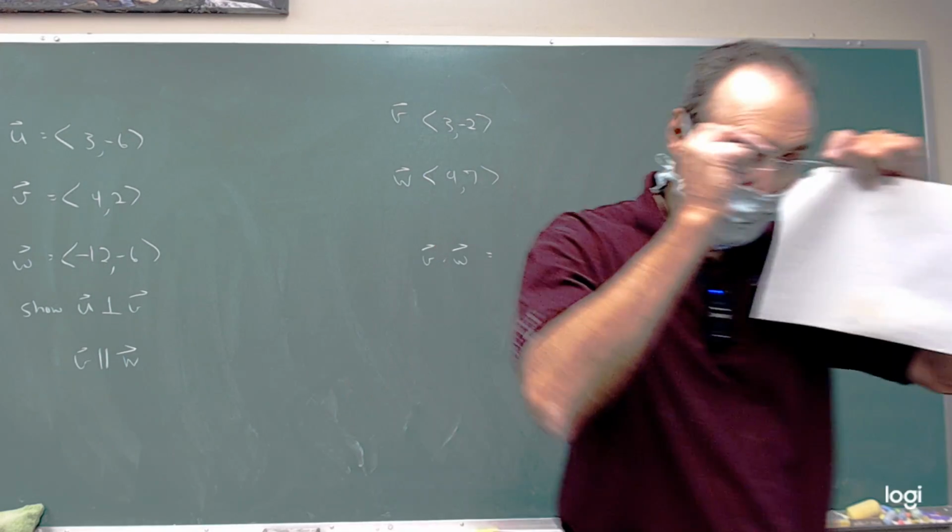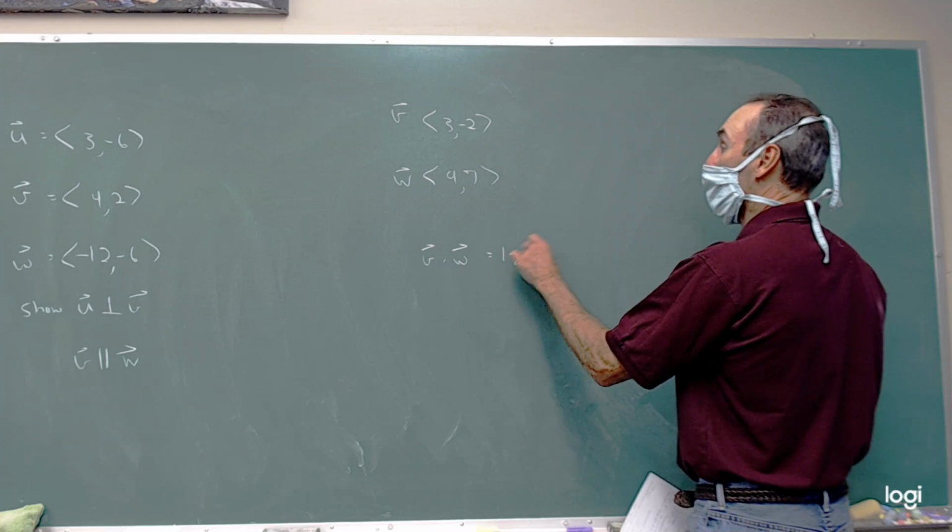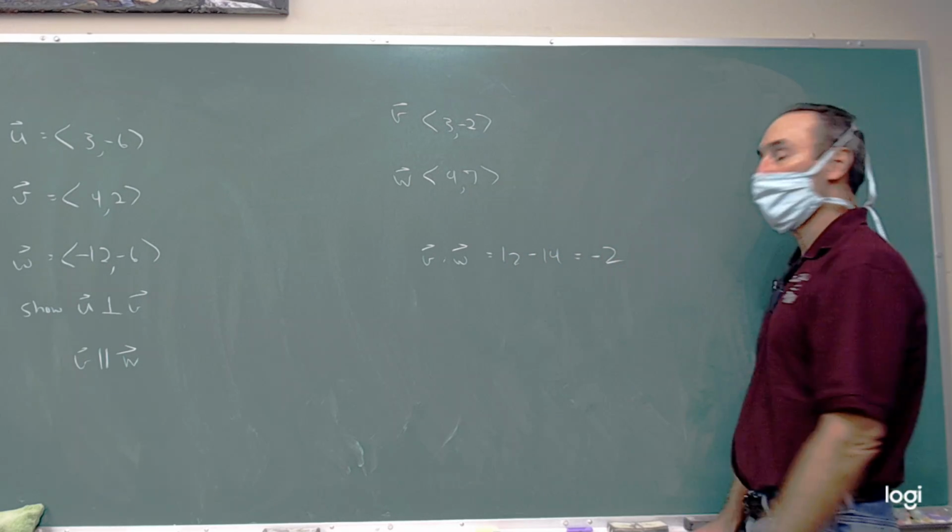Okay. So what do we get for a dot product? 12 minus 14 is negative 2.